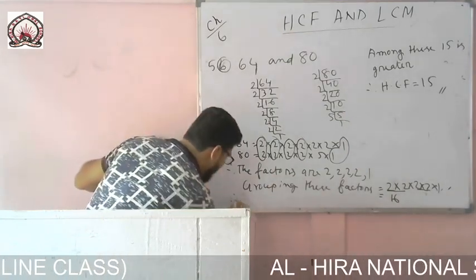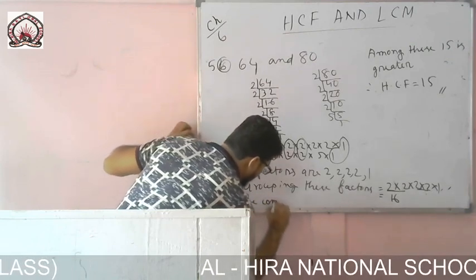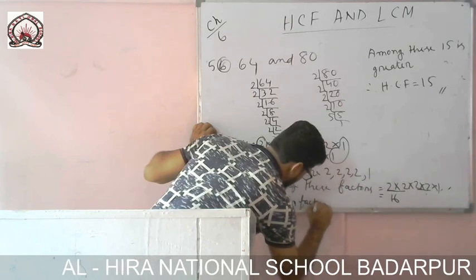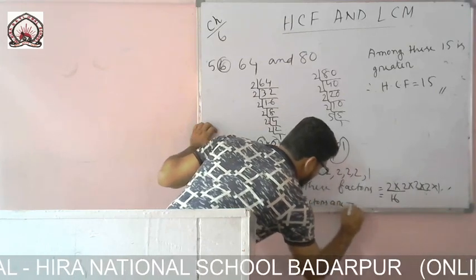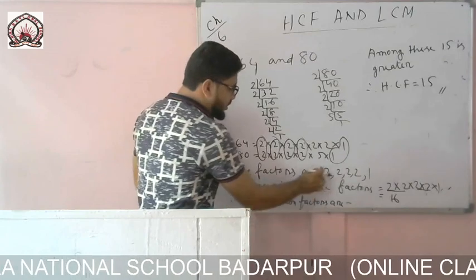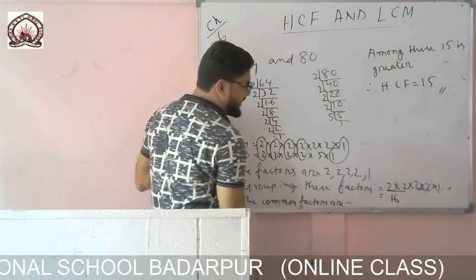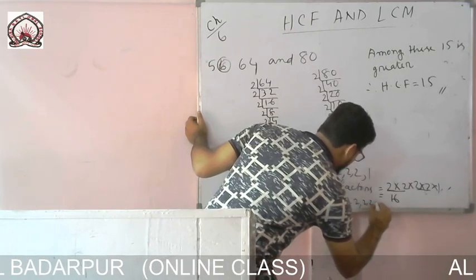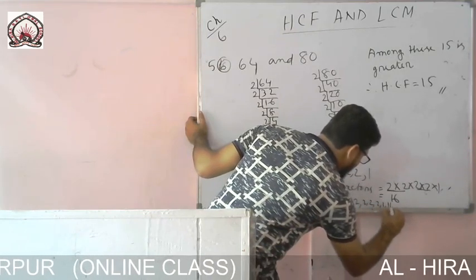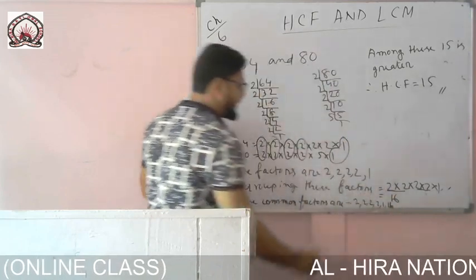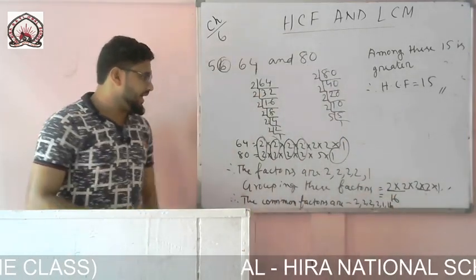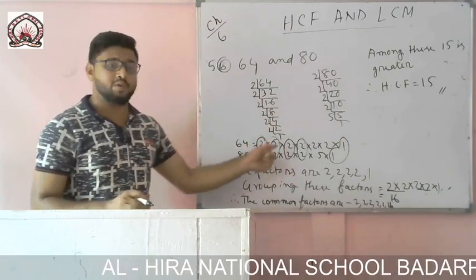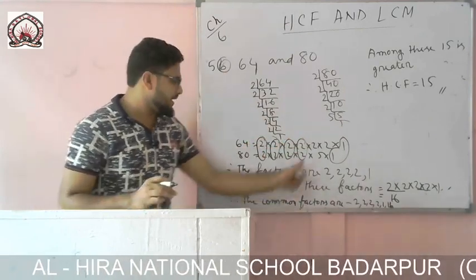Therefore the common factors are 2, 2, 2, 2, 1, 16. By grouping we got another factor 16. If only one factor comes common, then you write directly. If more than one comes, then group it and write like me.